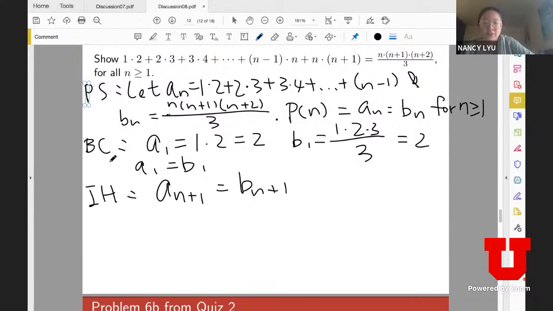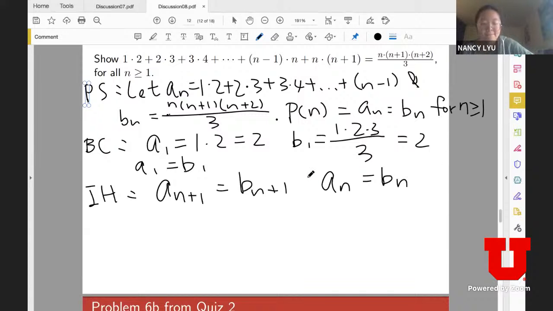So to make it easier, I'll assume that A_n is equal to B_n and show A of n plus 1 is equal to B of n plus 1 in the inductive step. You can also start from A of n minus 1 equals B of n minus 1 and then show A_n is equal to B_n in your inductive step, as long as you clarify your n, because here we start from n equals 1.